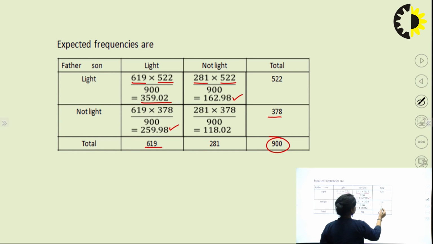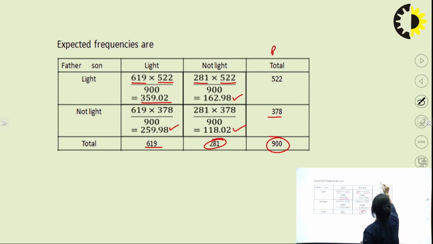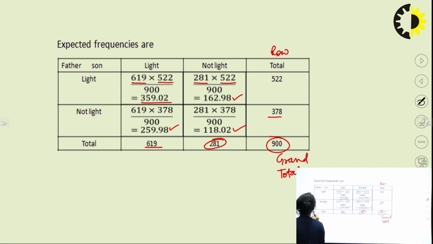Then for the second row, second column, 378 and 281, these two values will be multiplied and divided by the grand total 900, which gives us 118.02. So this side we have row total, this is our grand total, and this is our column total.